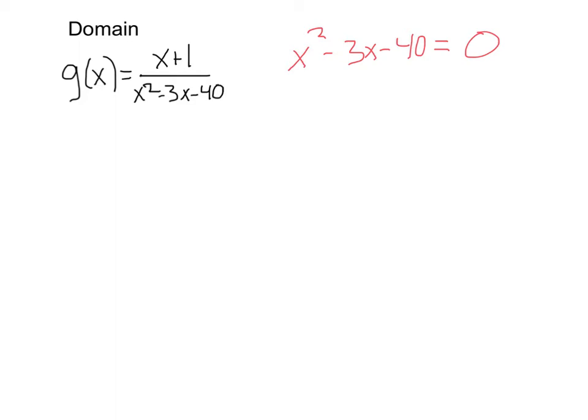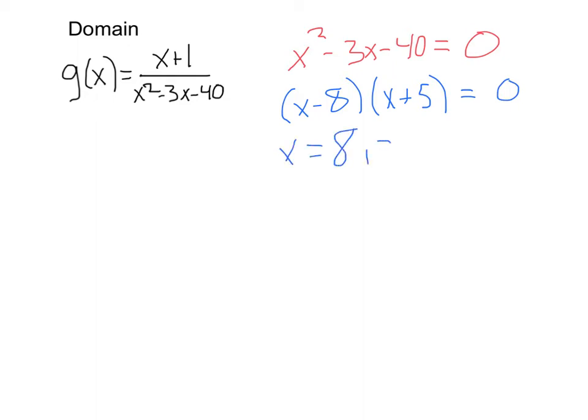So taking a look at this, I know I'm going to need to factor. This will give me x minus 8 and x plus 5 equal to 0. That's going to give me values of x equals 8 and negative 5.